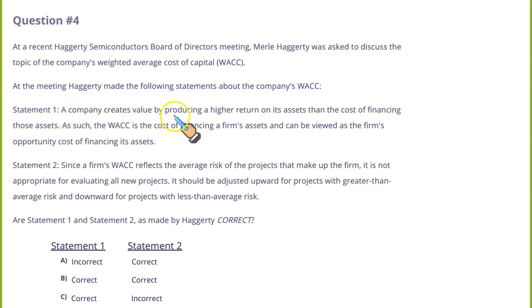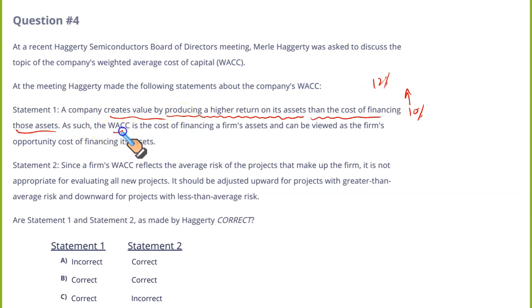A company creates value by producing a higher return on its assets than the cost of financing those assets. It's common sense. Your cost of financing is 10%. Anything you earn above this will create value for the firm, will increase the shareholders' wealth.